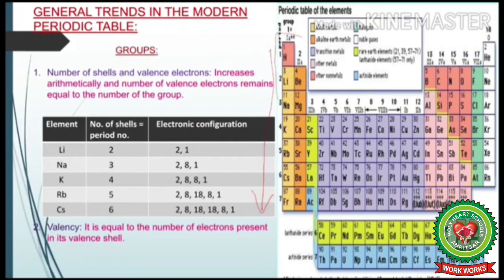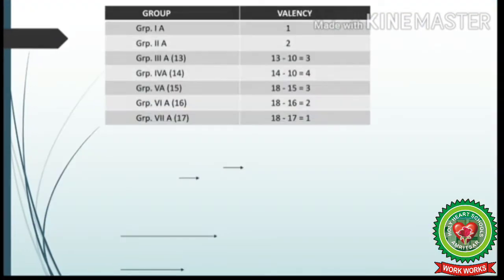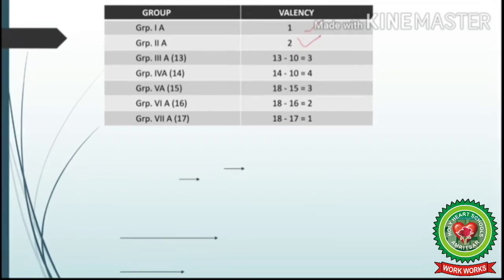So the elements of one particular group have equal valency and an equal number of valence electrons. The elements of group 1A will have valency 1 and the elements of group 2A will have valency 2.